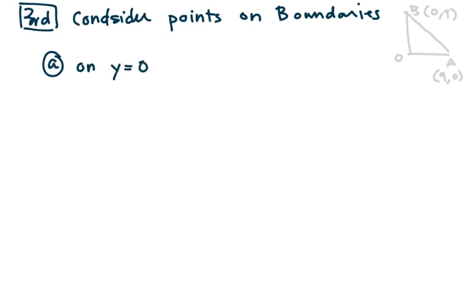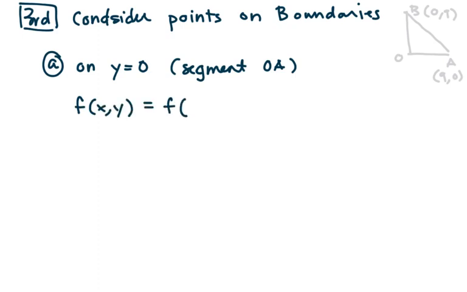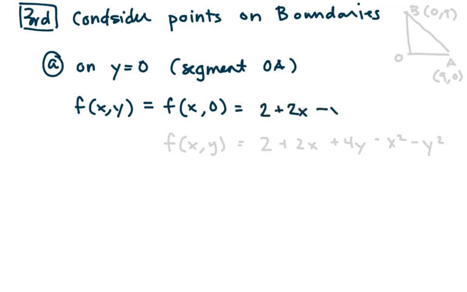We've got y equals 0, or rather the segment OA. So if we go back and we think about our function f of x, y, letting y equal to 0, I'm going to zero out some terms, and I'm going to end up with just the function 2 plus 2x minus x squared.